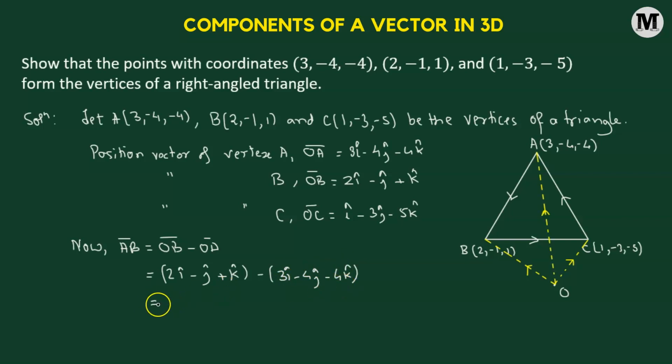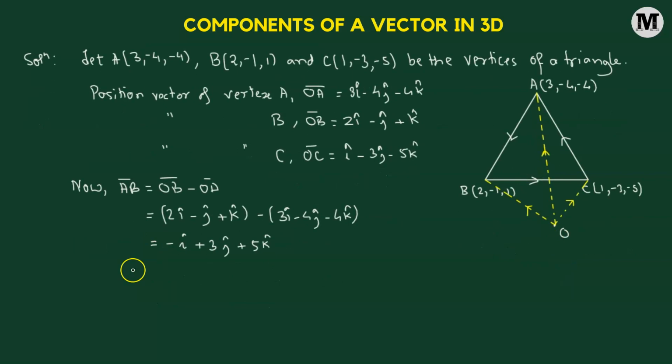That's equal to 2i cap minus 3i cap, that's negative i cap. Negative j cap minus negative 4j cap, that's positive 3j cap. And k cap minus negative 4k cap, that's positive 5k cap. So we have obtained the vector AB.